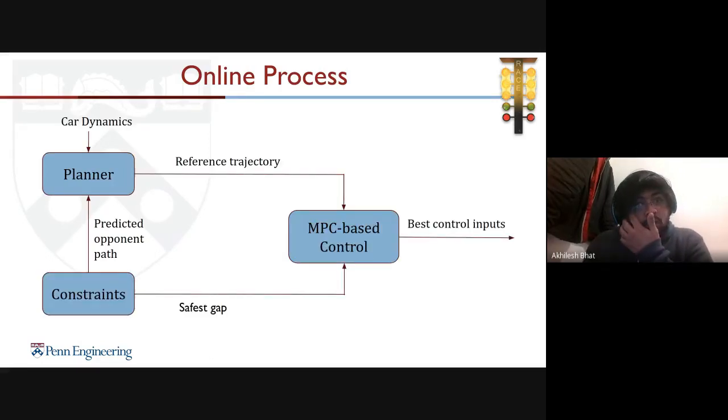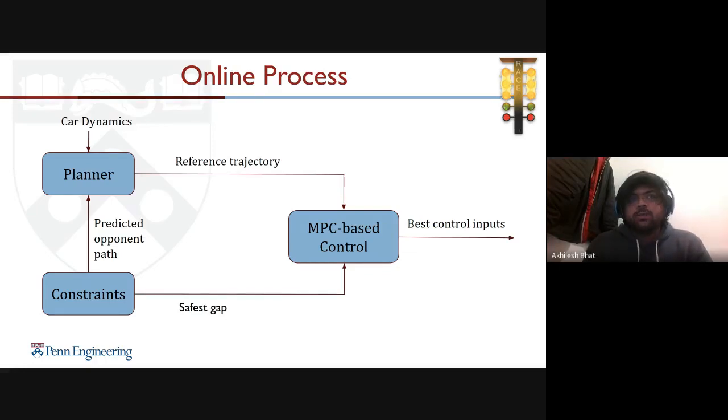The online process was something like this: the planner would get the dynamics of the car, predict the opponent's path, and use the predicted path to update the static map that we have. So basically, we predicted the opponent's path and blocked those occupancy grids as obstacles in the cost map before choosing the best waypoint to track.